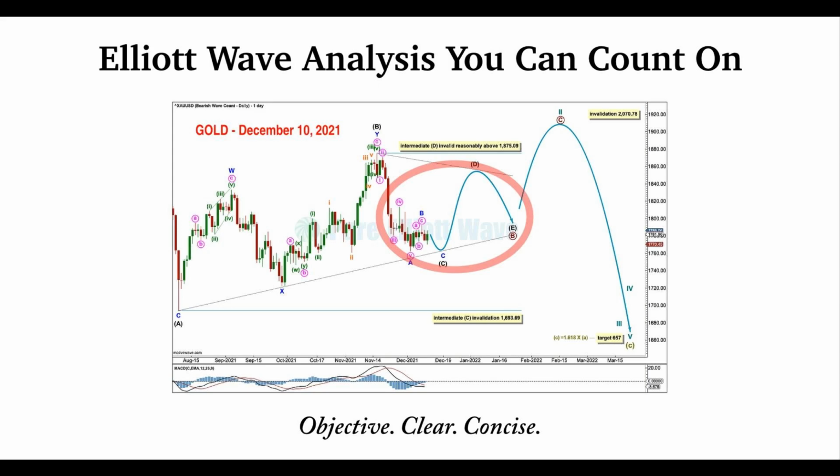So let's begin on this chart here, which is the beginning of a triangle. You can see intermediate A complete at the bottom and intermediate B, the black, moving upwards as a double zigzag, W, X, and Y at minor degree.